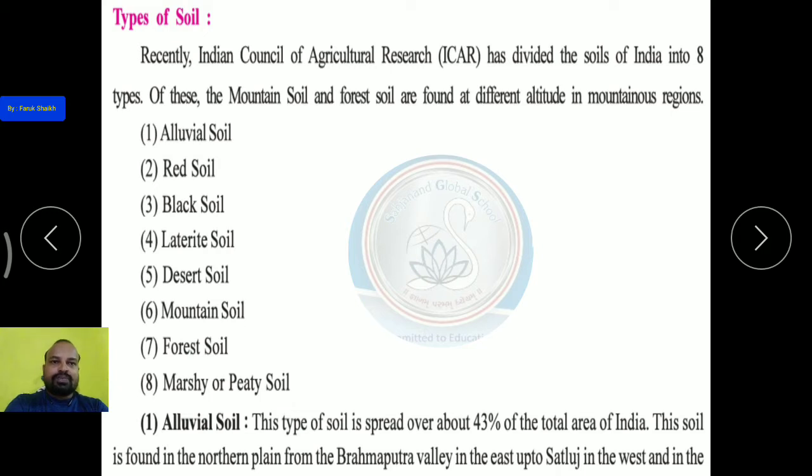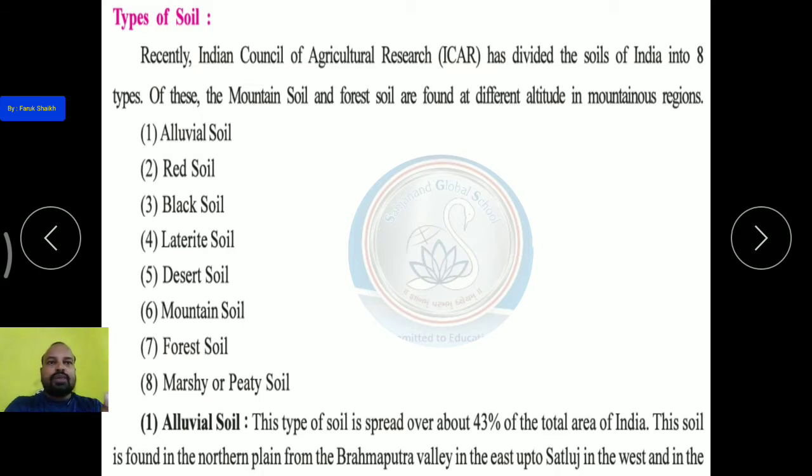Altitude means height. According to the height, the mountain and forest soil is different because of the climatic influence.